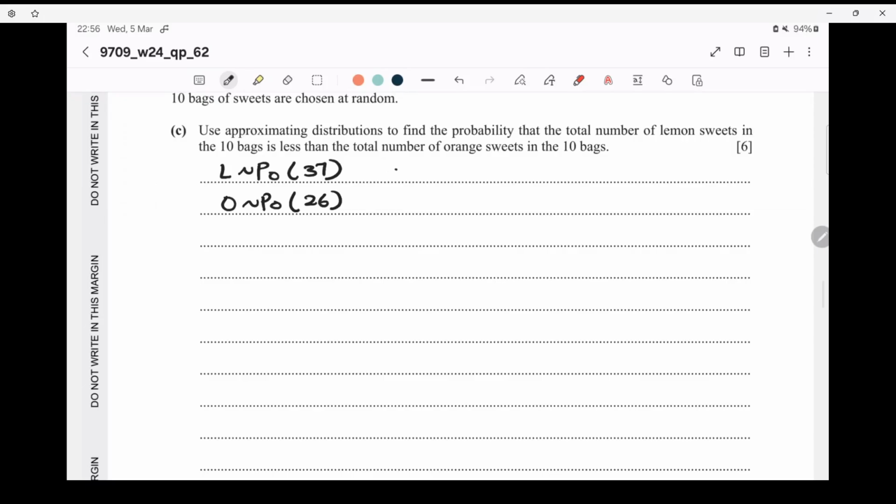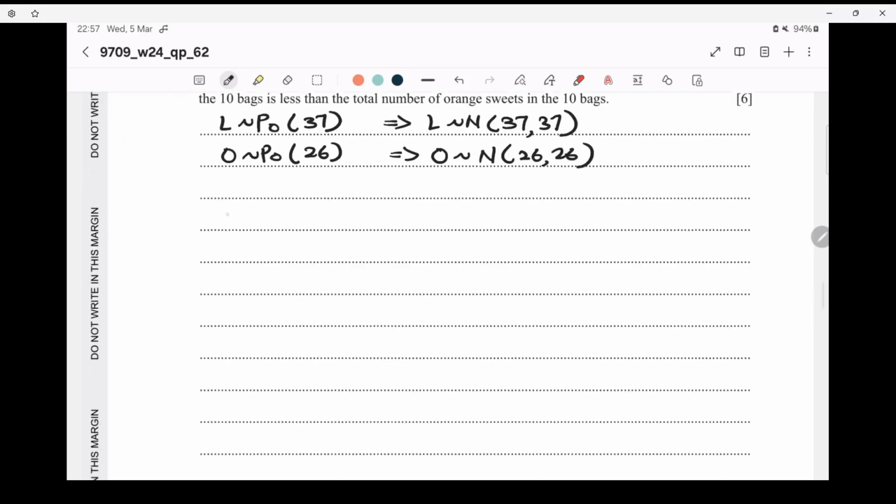If you convert them by approximating distribution, which is normal distribution, your L would be normally distributed by 37, 37. For your O, that will be this. Oh sorry, I just copied both. 26, 26. So you need to compute L minus O. As I showed just now, lemon has to be less than oranges.